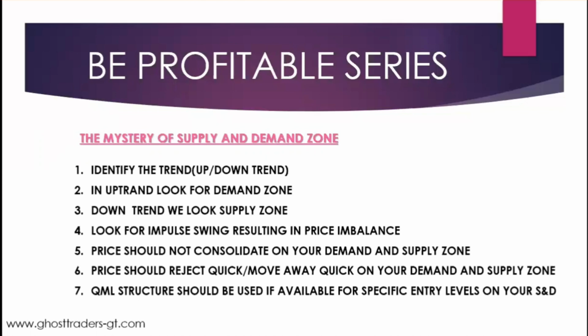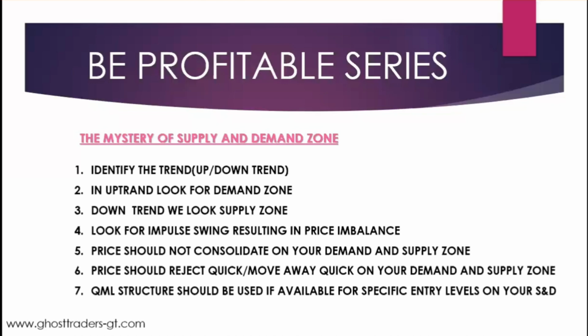So in a downtrend, we cannot be looking for a demand zone, but supply zones only. The reason is that the market is taking out previous lows. So if you put your demand zone in a downtrend, there are high chances that you're going to hit a loss, an unnecessary loss.